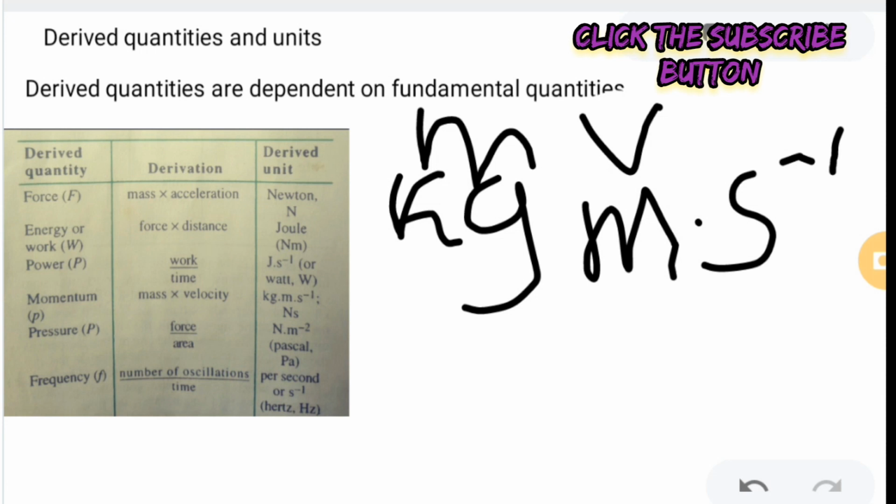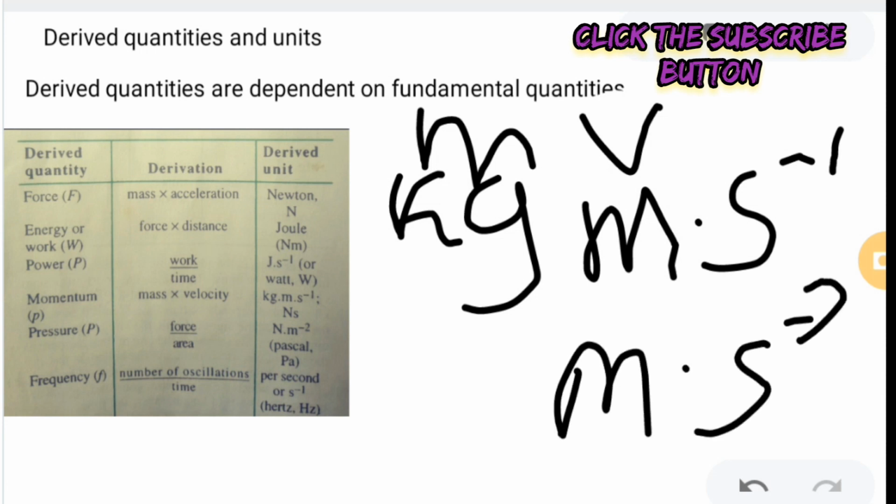Just to make it clear, there's a difference between velocity and acceleration. Acceleration is meters per second squared. For velocity it is meters per second.